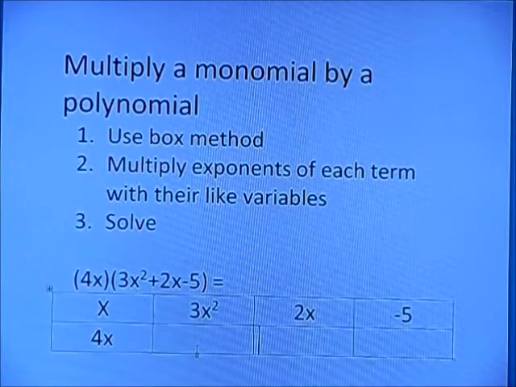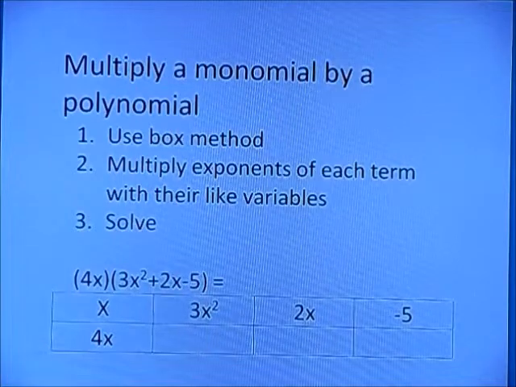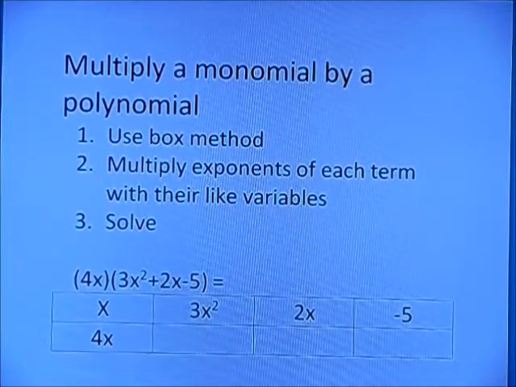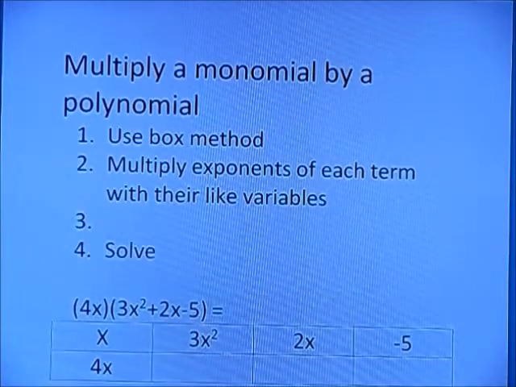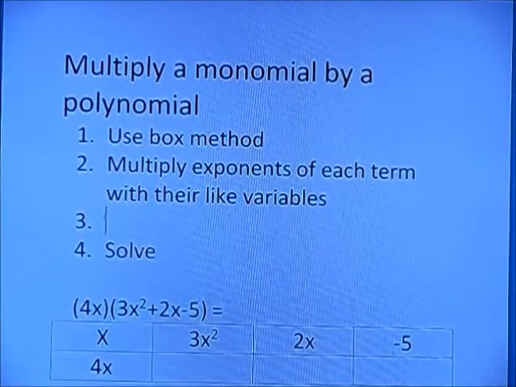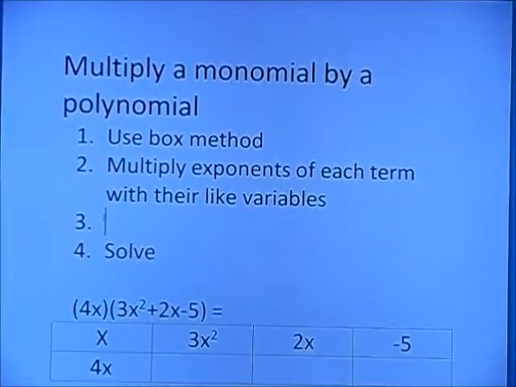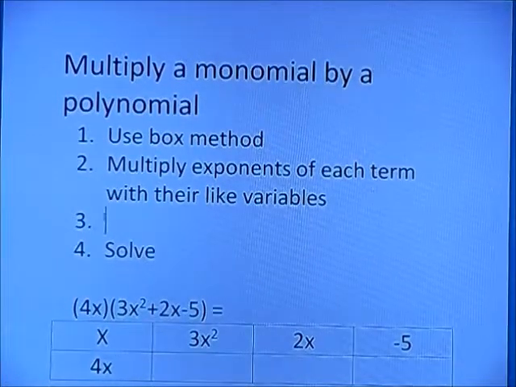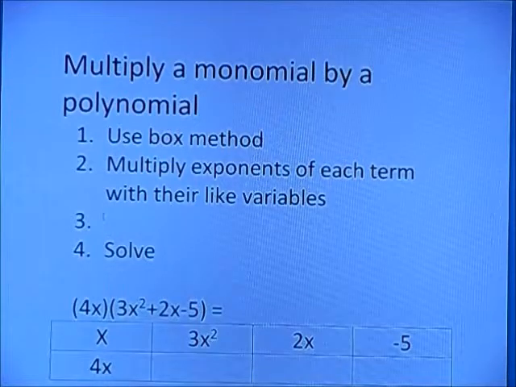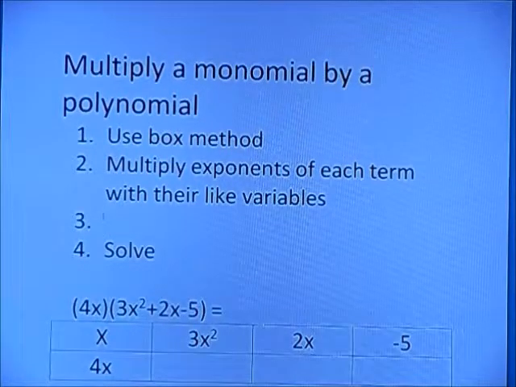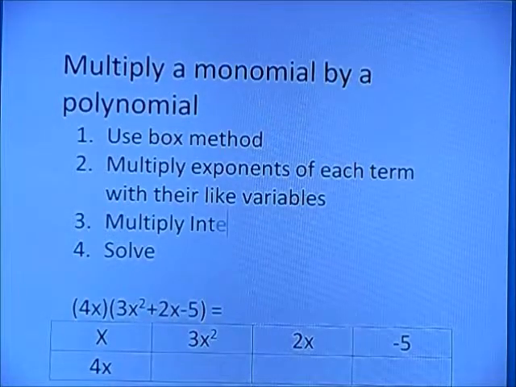So what we're going to do is we're going to multiply each term. So we're going to do 4x times 3x squared. Actually, I forgot to add in an extra step here. But on the top here, is it cut off? Alright, no, we're doing good. But here, for this step, it's going to be multiply integers.